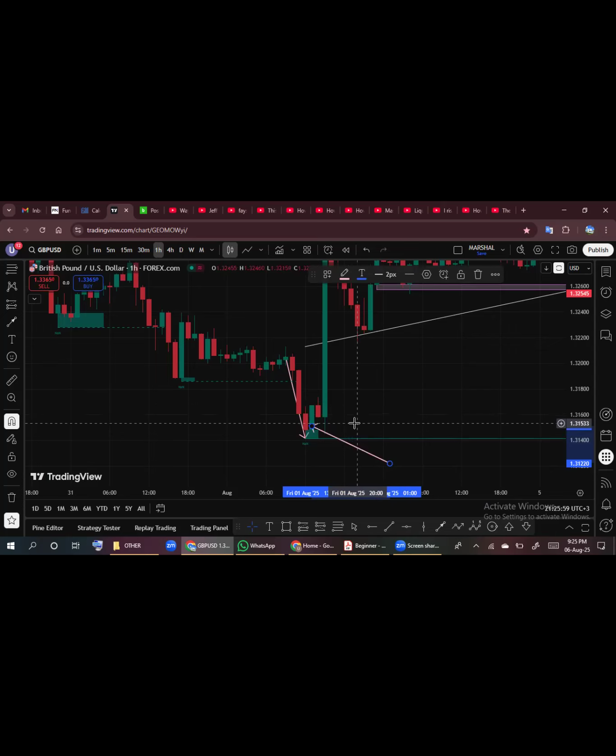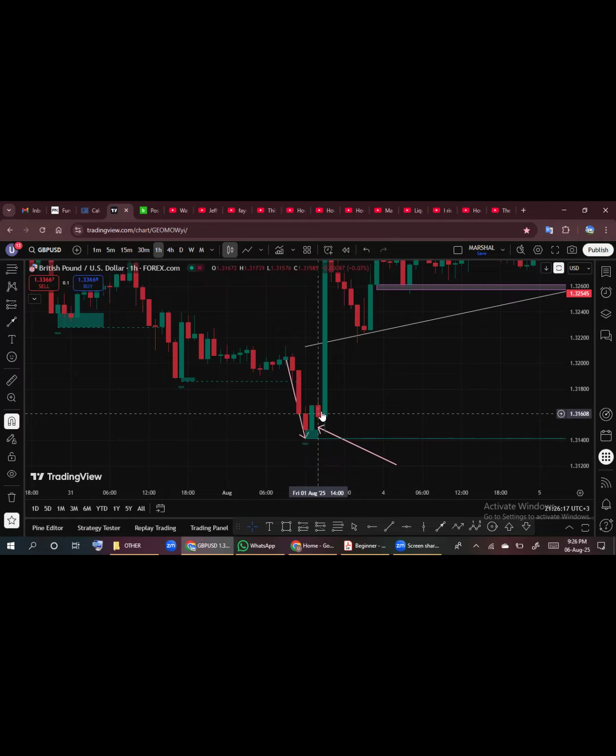So the fact that it swallowed up the previous candle, this red candle, swallowed up this red candle.